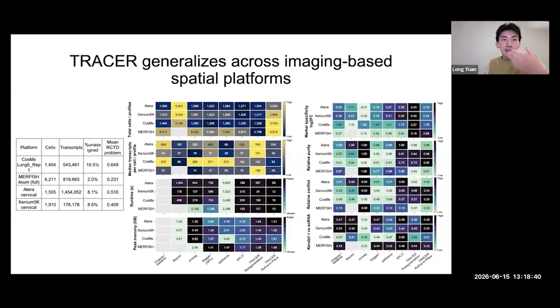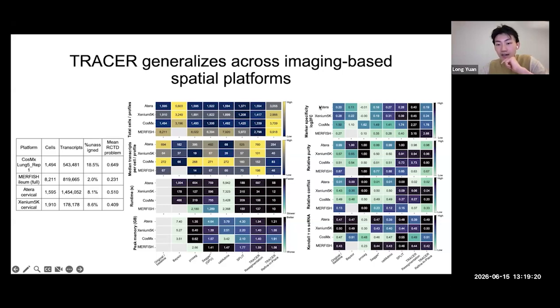And then to test the generality, we extended the benchmark across ROIs from Xenium, Xenium 5K, CosMx, and MERFISH. These platforms differ in chemistry, transcript density, panel size, and starting object definition. Across platforms, Tracer's most consistent advantage is the runtime, the peak memory, and the marker specificity enhancement.